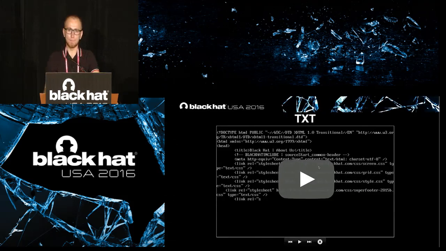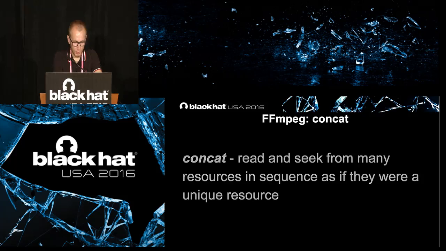So if you upload that file to one of the video conversion servers, you will be able to make HTTP requests and read their responses. Great. FFmpeg supports a lot of protocols like FTP, HTTP, and one of those protocols is concat.